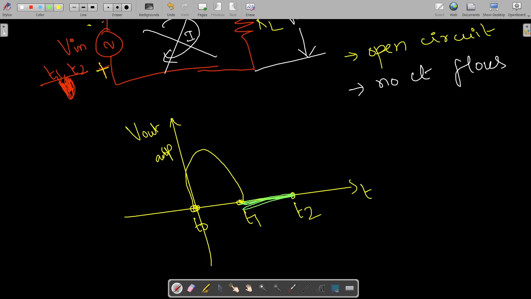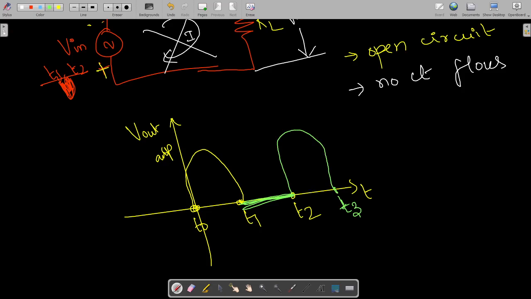Again, if you take T2 to T3, the positive half cycle will be coming in at the input side, so the diode conducts. Once again you will get the positive half cycle at the output side.